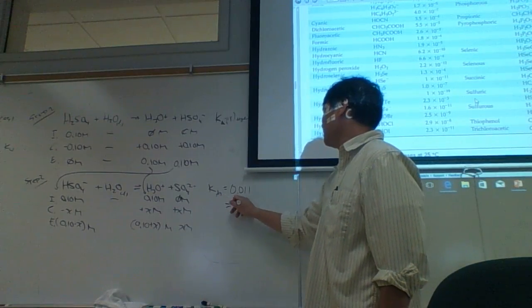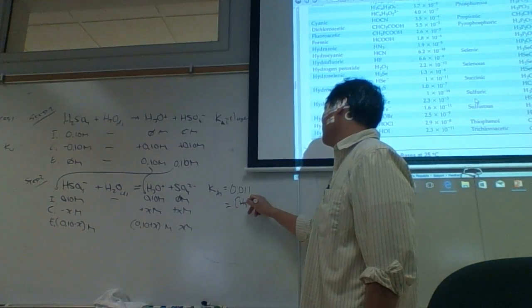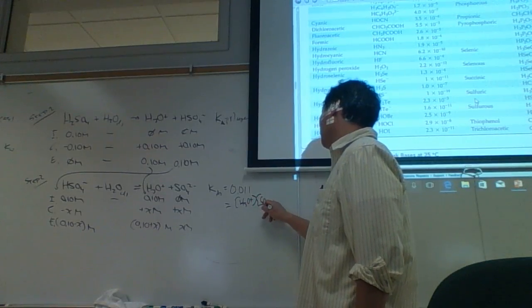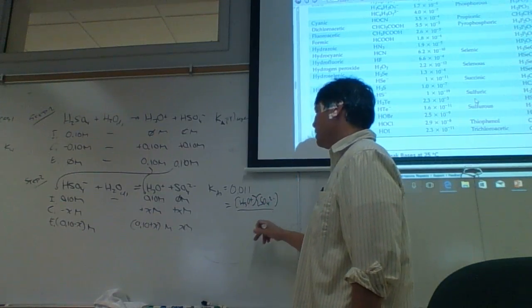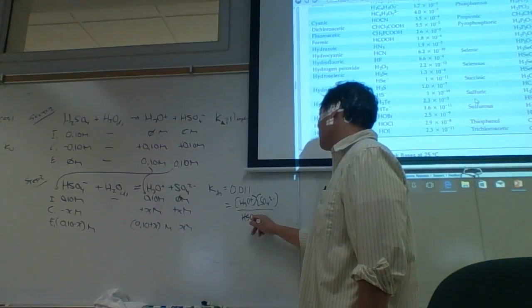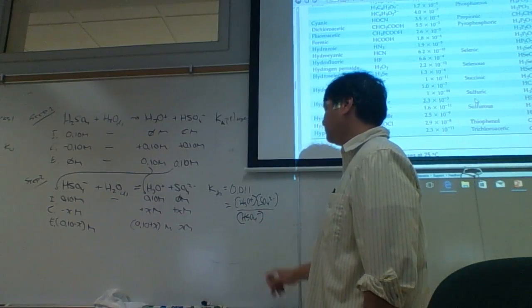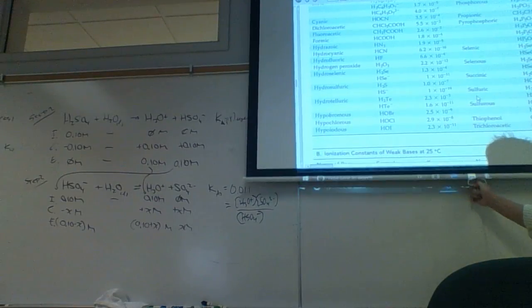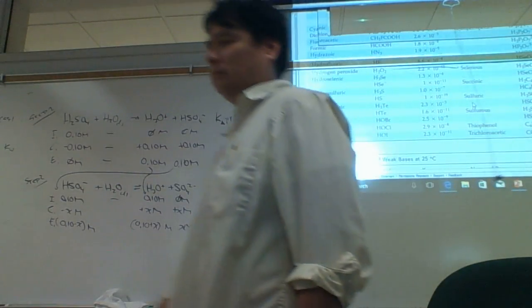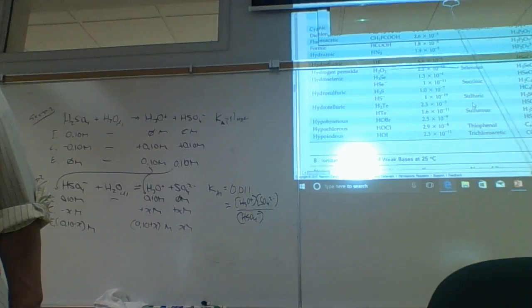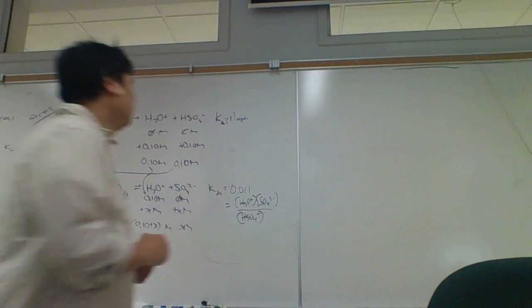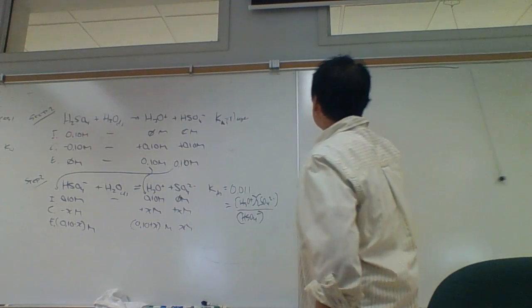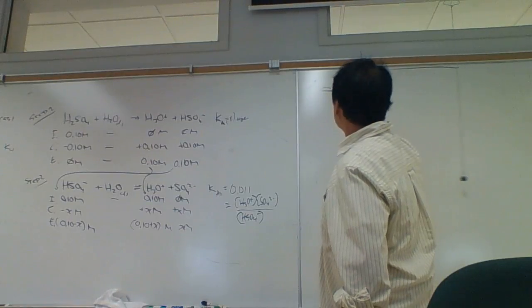So Ka2 is going to be the hydronium ion concentration at equilibrium times the sulfate ion concentration at equilibrium divided by the HSO4 minus concentration at equilibrium. So we have 0.10 plus x times x divided by 0.10 minus x. If the simplifying assumption does work here, it greatly simplifies this problem.